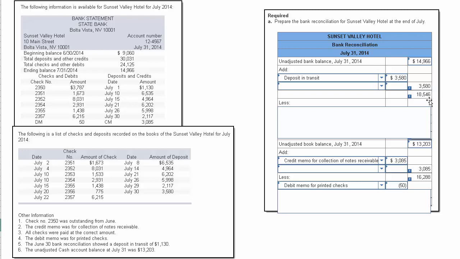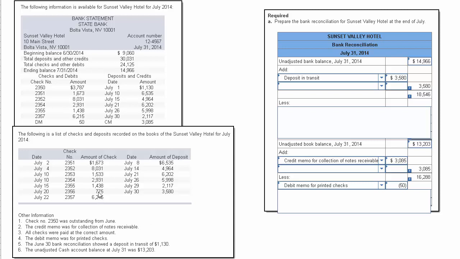Okay, so next we're going to look for additional items, and the additional items that come to mind would be any outstanding checks. So what checks are out here that we've written that they don't know about? Let's take a look here. Okay, the 6215 appears, so they're aware of that.